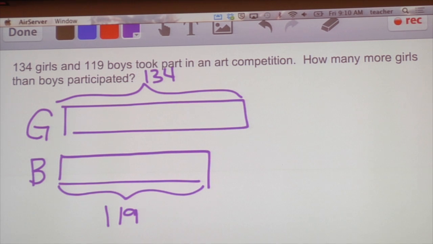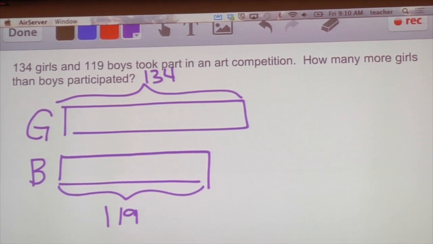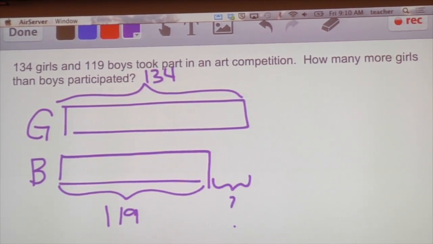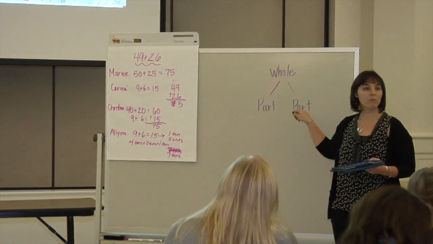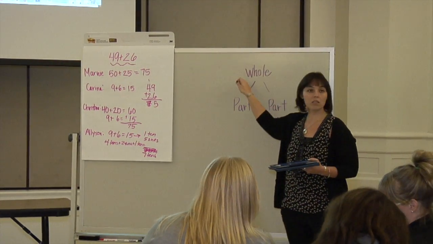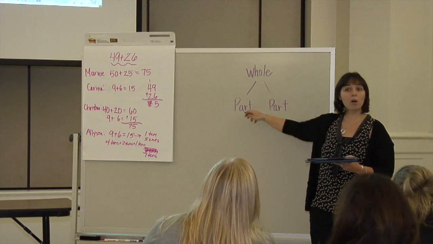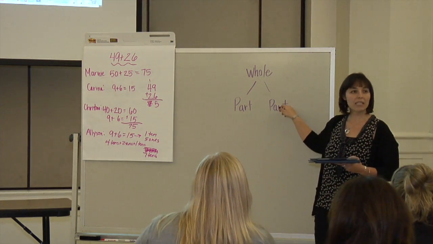And it asks me how many more girls than boys. So I'm looking for the space between. That's what my question is. But ultimately, if you think about it, it still comes back to part, whole. The whole being girls, the boys are one part, and the missing piece is the other part.